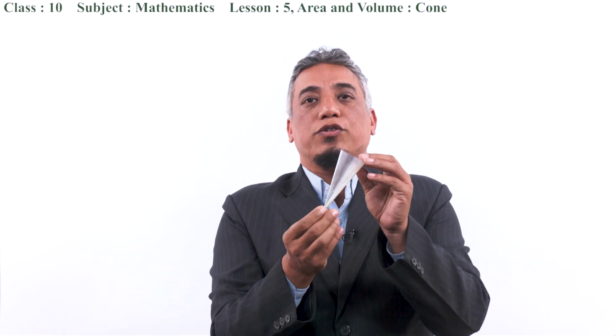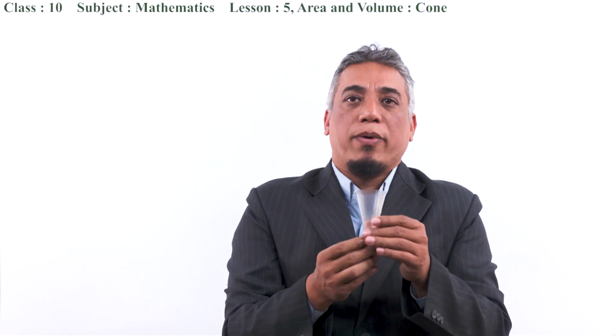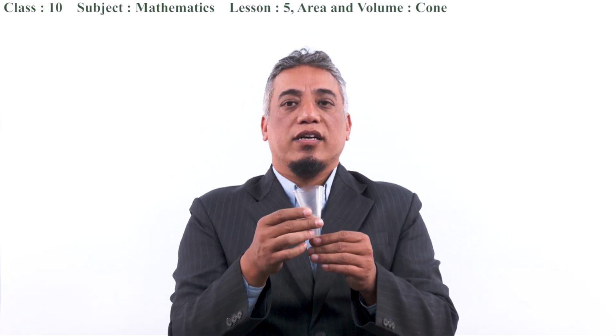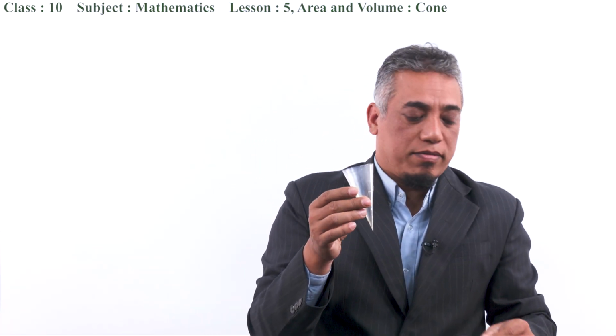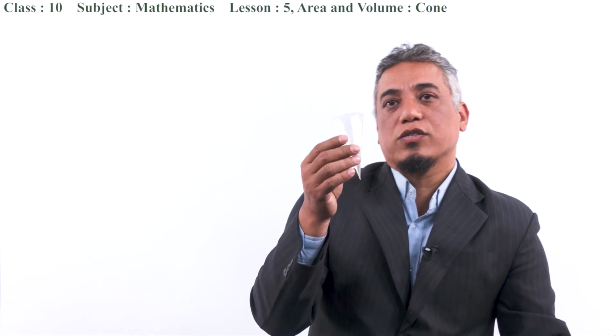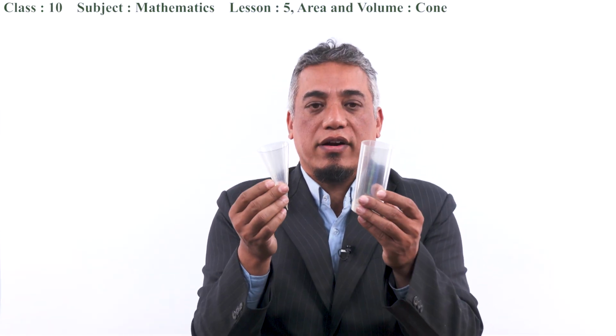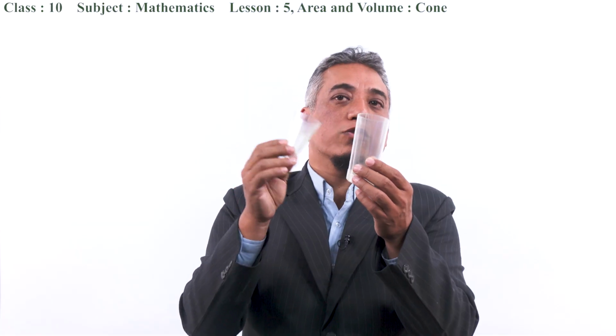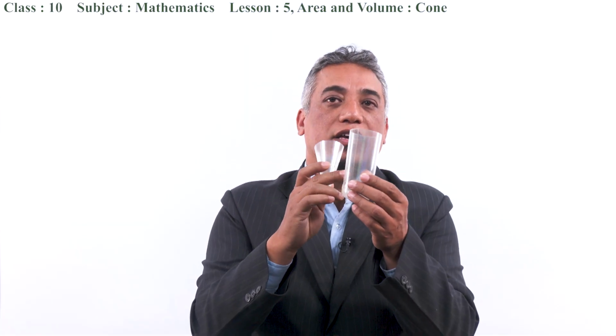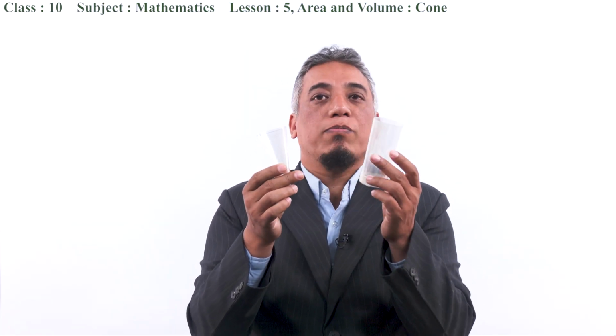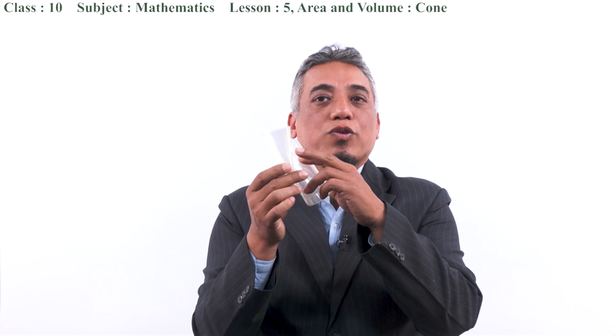Now we are going to perform a small experiment that relates volume of this cone and this cylinder. Okay. And as we know the volume of cylinder, it will help us to find volume of cone.